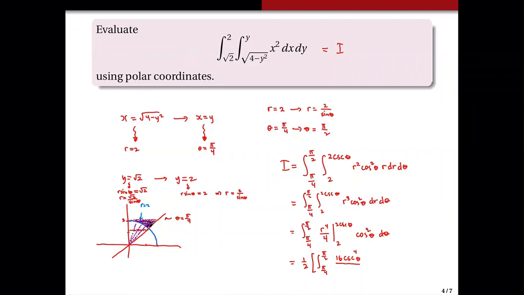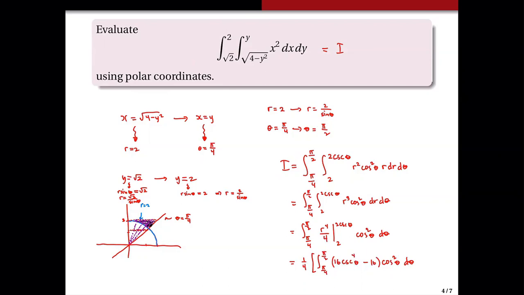This is also over 4. So I have taken over 4 out. So in here, and then minus 2 to the 4 minus 16. And then we have your cosine squared theta d theta. Okay.